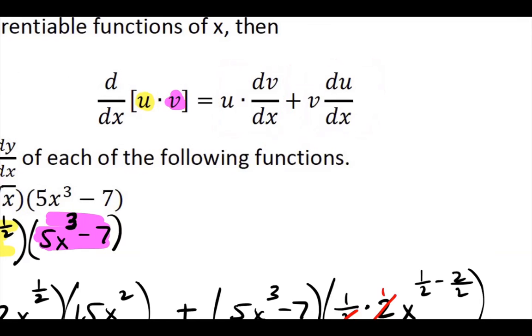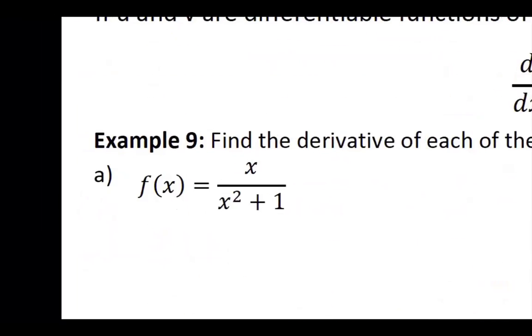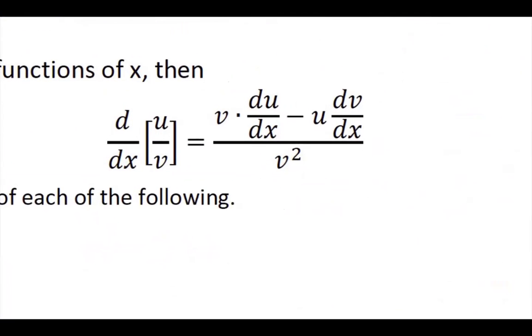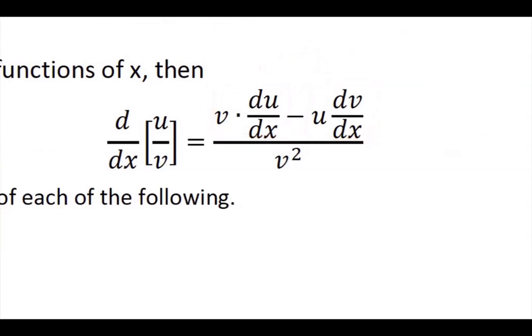Well, is that okay? Yes, that's okay, because multiplication and addition can be flipped like that. Is that okay with the quotient rule? Can I take this and this and flip them and subtract them?